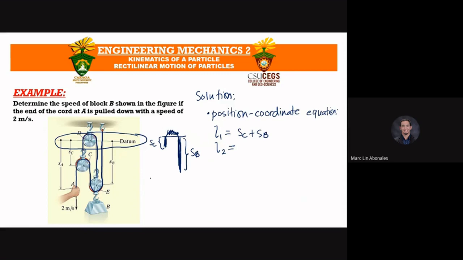For the second chord length, if I draw that, we will include the total chord length minus the red colored chord length.